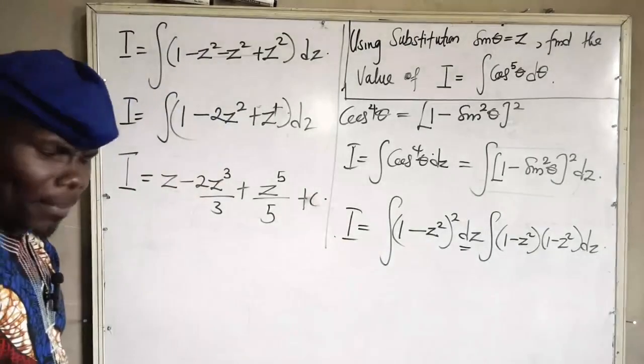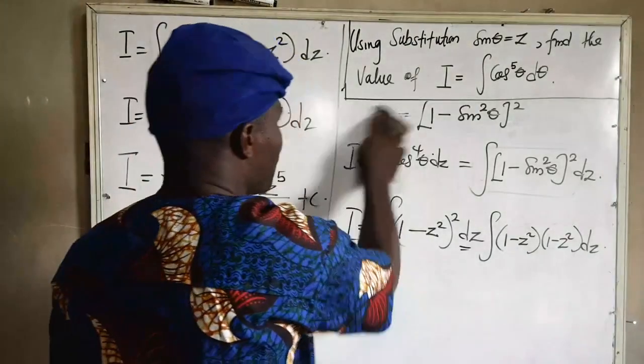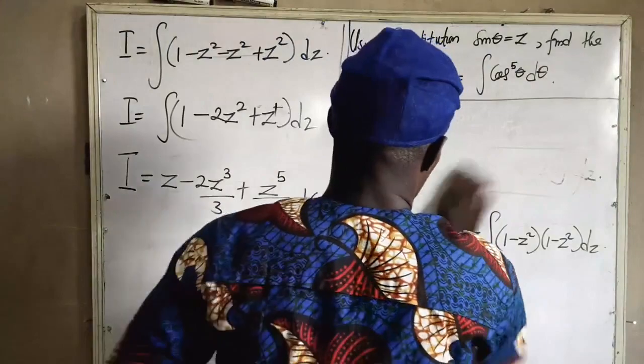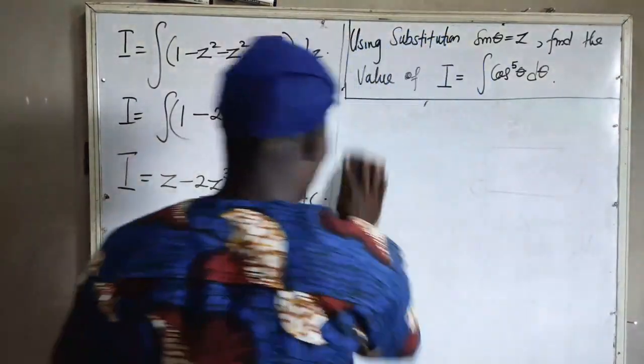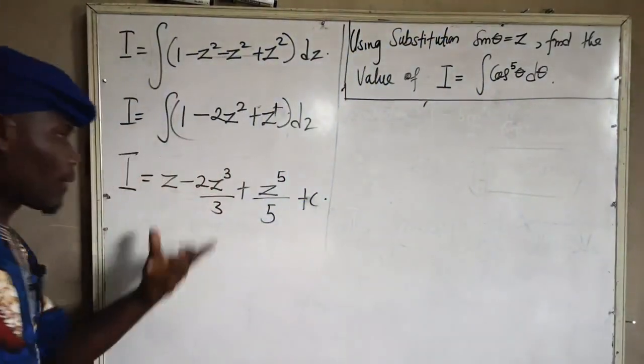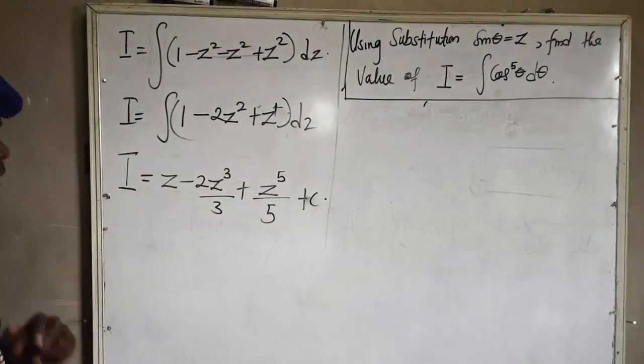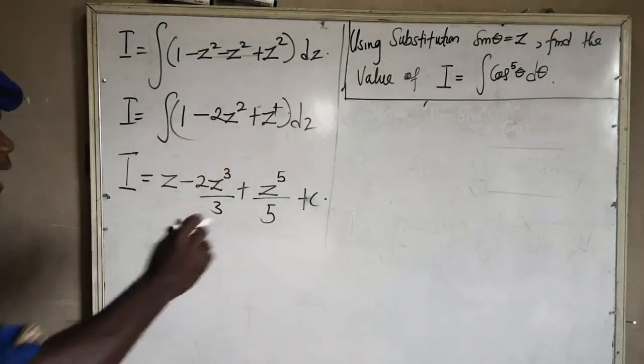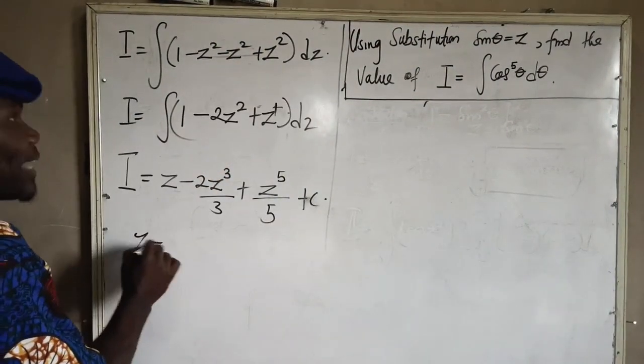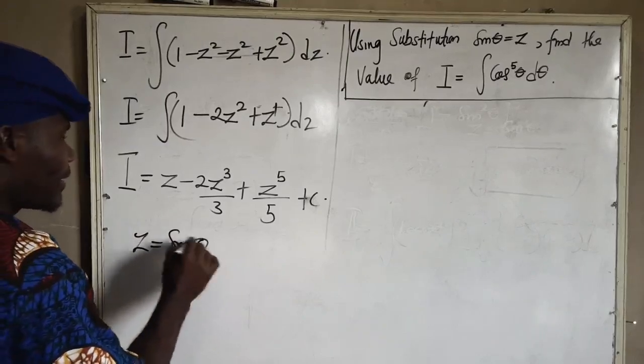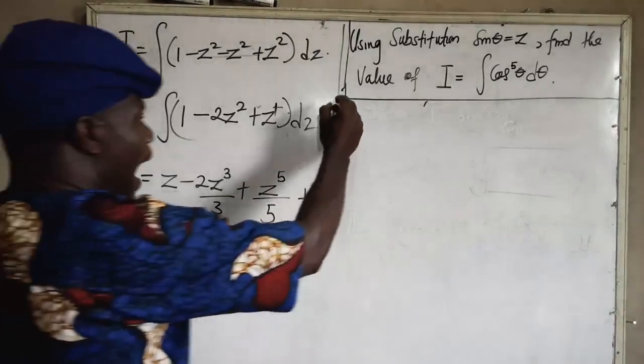So therefore, we are able to recall that our z is sine theta. So what is now the value of I?